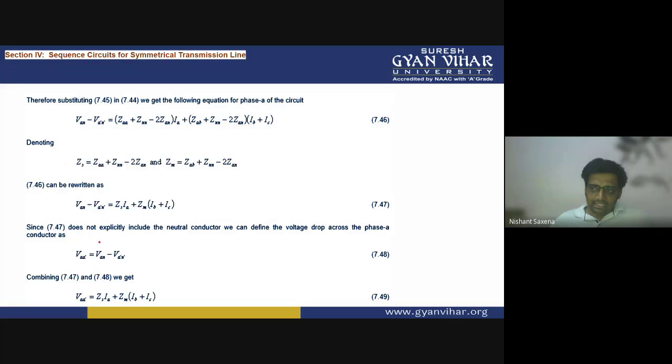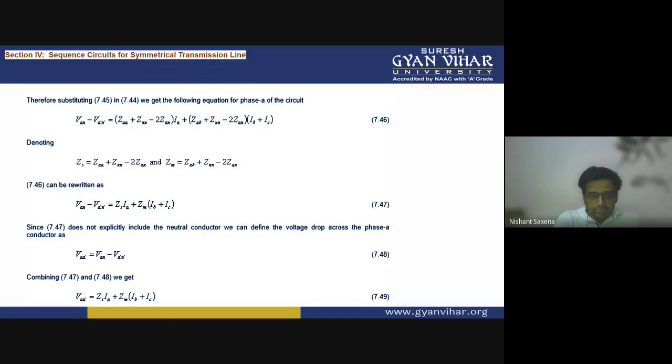But there is one thing: equation 7.47 does not include the neutral conductor. So we can define the voltage drop across phase A as VAA dash equals VAN minus VA dash N dash. Now combining 7.47 and 7.48, we will get VAA dash is equal to ZS into IA plus ZM into IB plus IC.